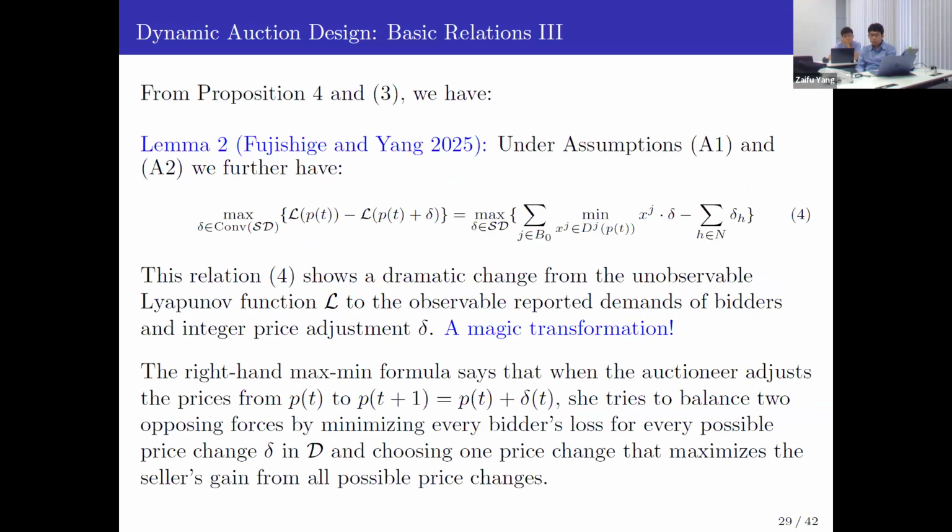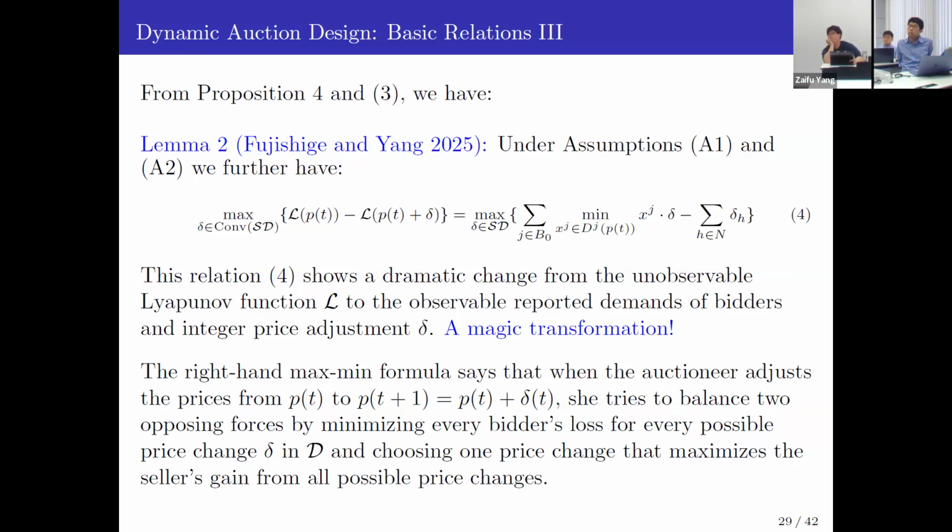Okay. So now from that one, you see that this original problem has been reduced to this observable information. You have a min and max. So you see there's a trade-off between the seller and the bidders.